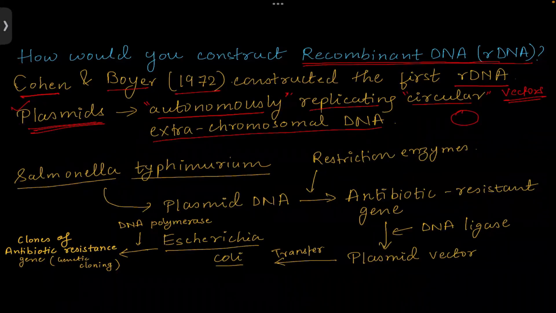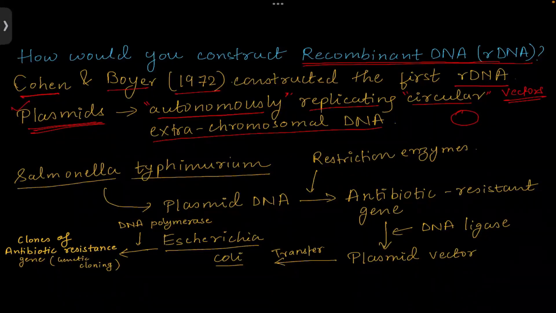They are a group of DNA that is different from the chromosomal DNA. Similarly, you must have heard of mitochondrial DNA, which also has the similar property of autonomous replication, and it is also an extra chromosomal DNA. But in biotechnology, for constructing recombinant DNA, people mainly use plasmid DNAs.